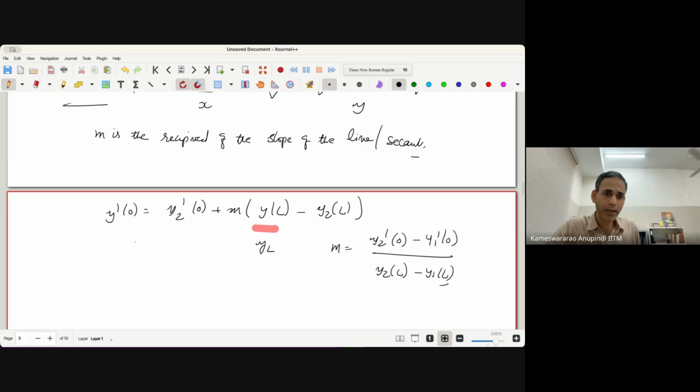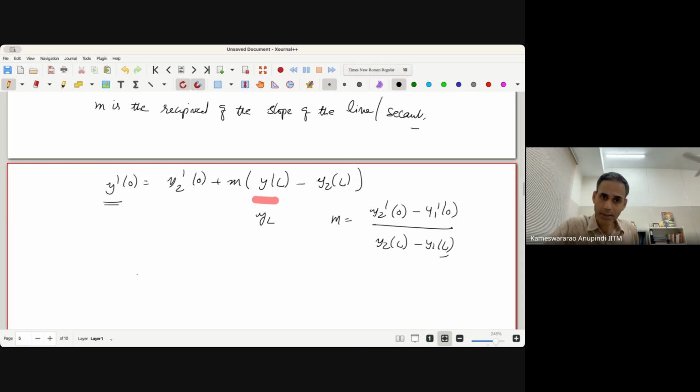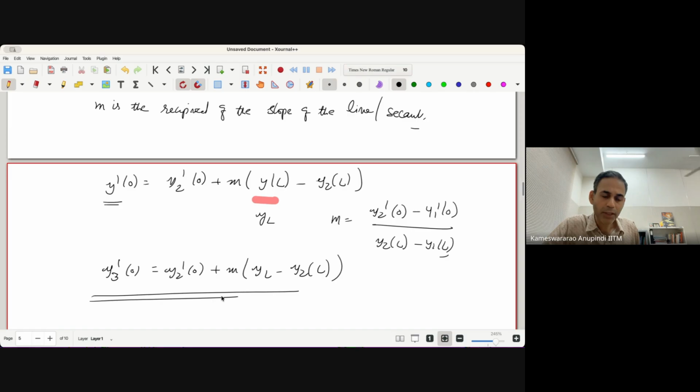I'm going to substitute that with a hope to calculate y3 prime 0. So if I substitute that, that is nothing but where the secant is intersecting this line. That is going to give me y3 prime of 0. So y3 prime of 0 equals y2 prime of 0 plus m times y sub L minus y2 of L. Okay. So that is my y3 prime of 0.